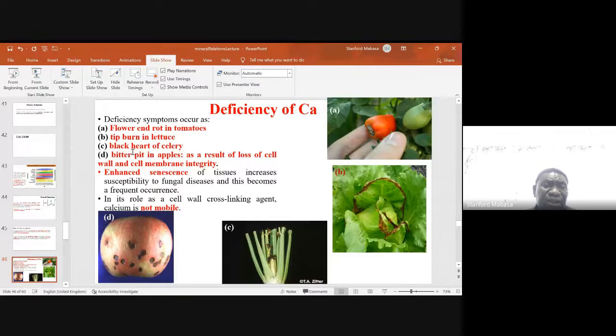It can cause black heart of celery, bitter pit in apples, which are, there are some apples with these spots. It could be a result of calcium deficiency. It can also cause senescence.